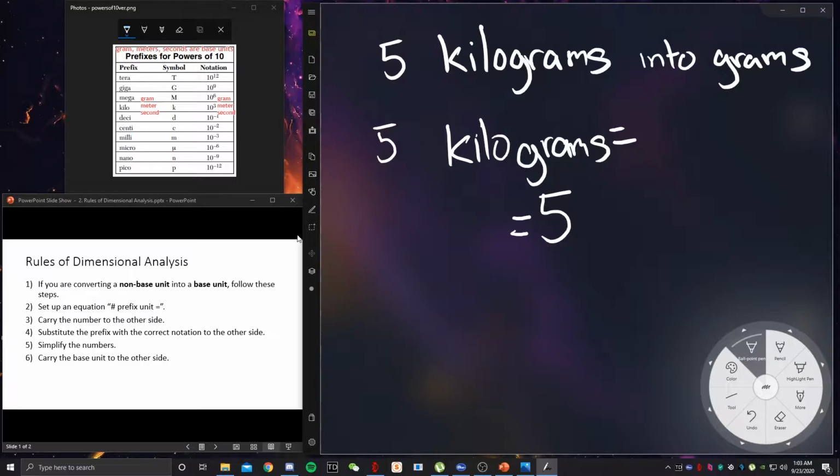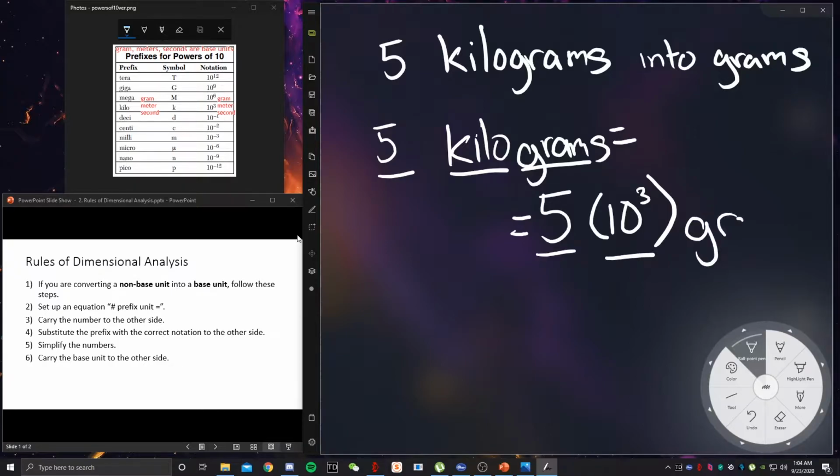If we take a look at this chart, powers of 10, we know that 1 kilo is 10 to the 3. So I'm going to replace kilo, in parentheses, with 10 to the 3. And then I'm going to carry my base unit over. So we have 5, kilo, which is 10 to the 3, and grams.